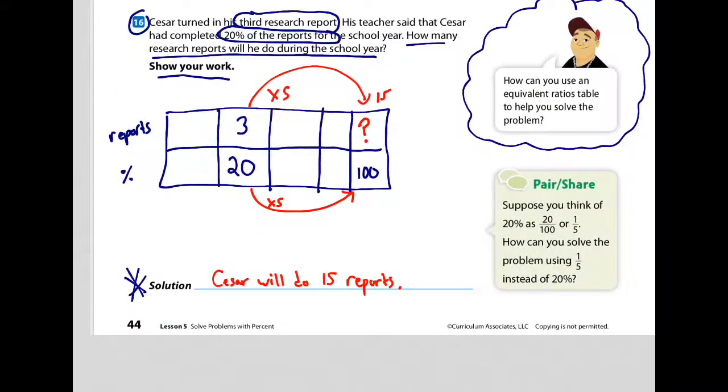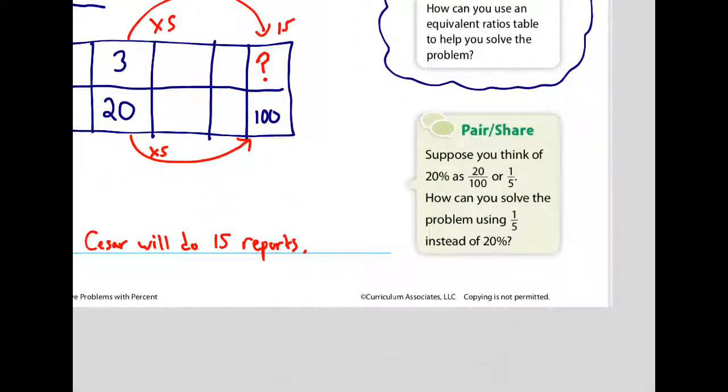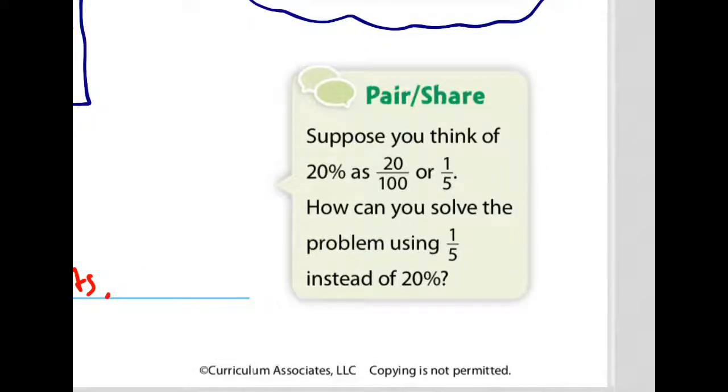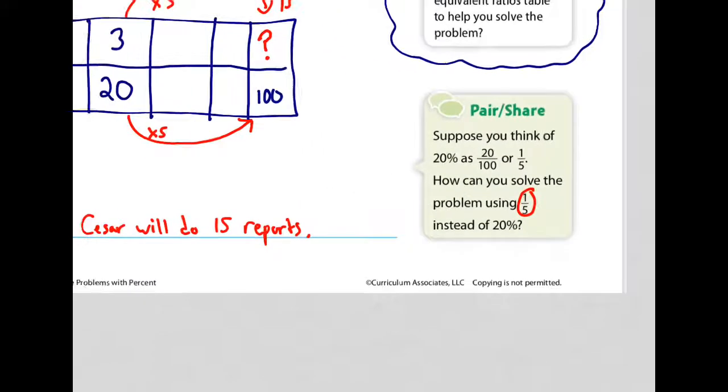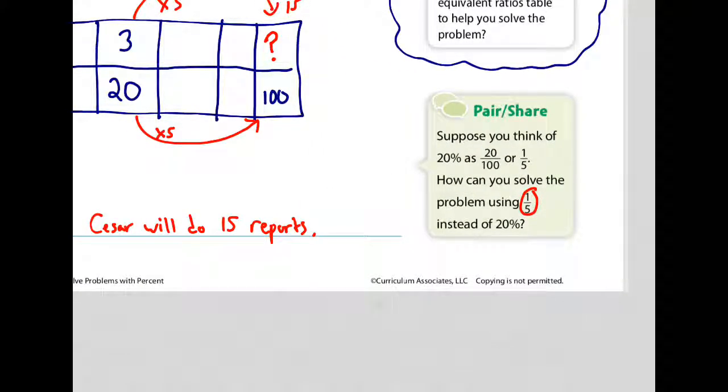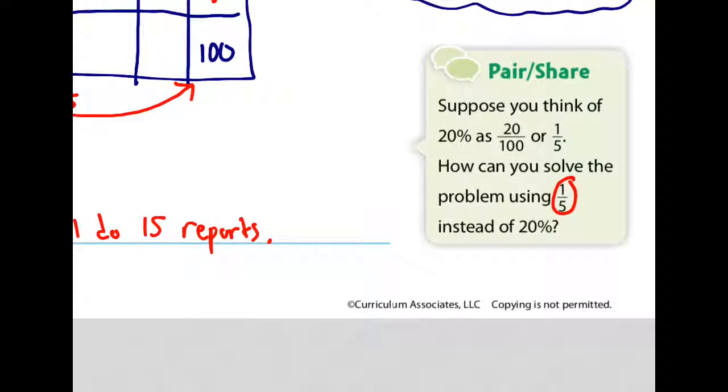So let's check out this pair share. This says, suppose you think of 20% as 20 over 100, or 1/5. How can you solve the problem using 1/5 instead of 20? So let me show you kind of a cool way that you could do that. And I'm going to just do a percentage bar here.